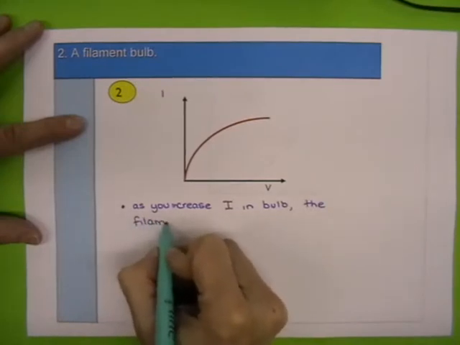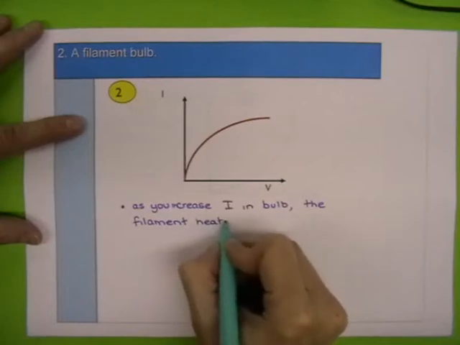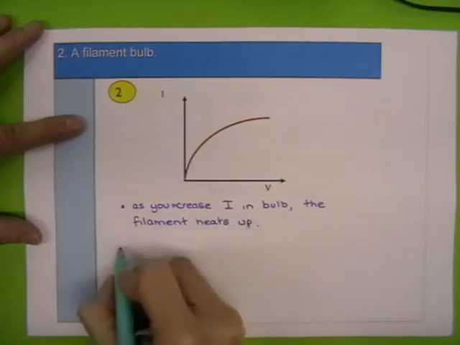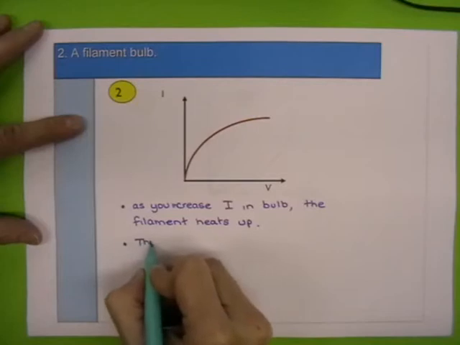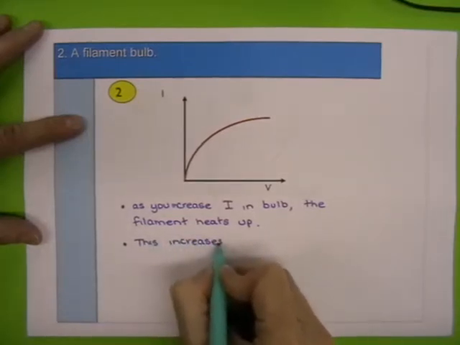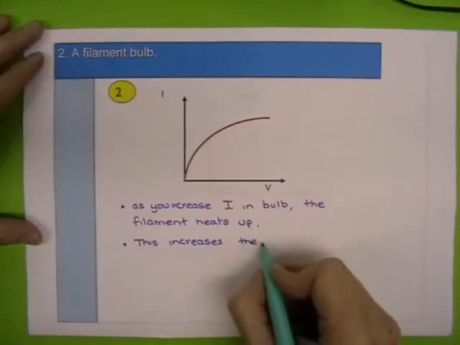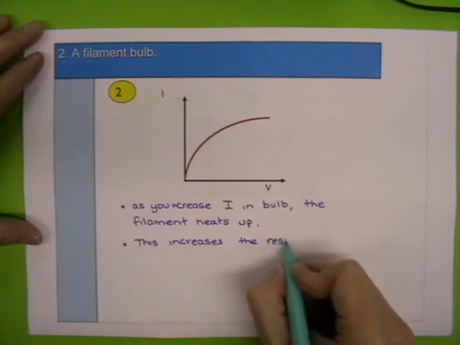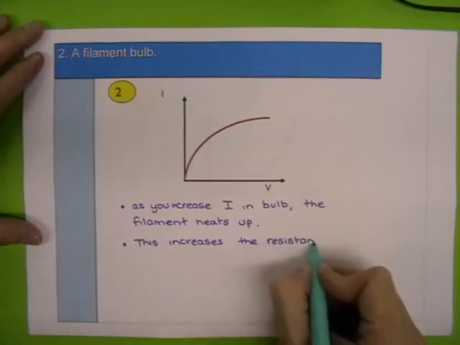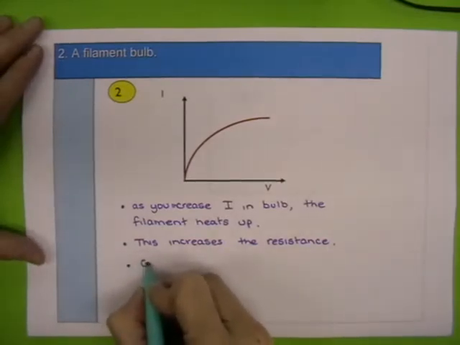So if you remember, Ohm's law only applied whenever the temperature remained constant. The filament heats up. And as the filament heats up, this increases its resistance. So the hotter it is, the more resistance. And therefore, the graph is a curve.